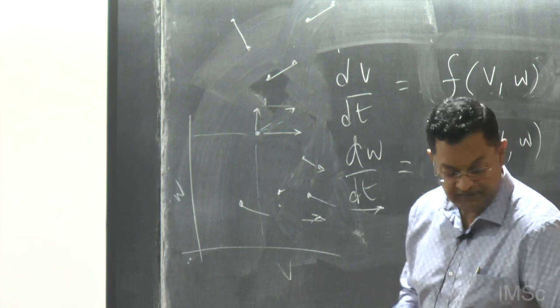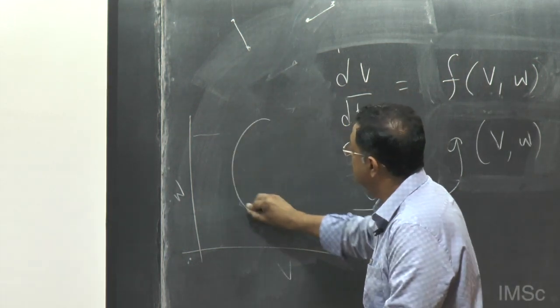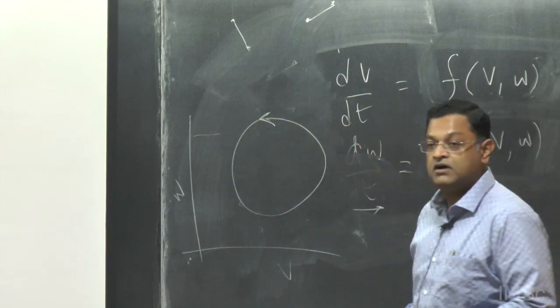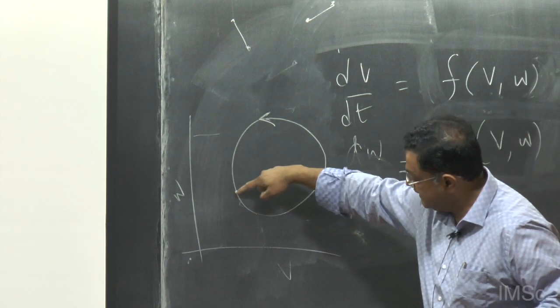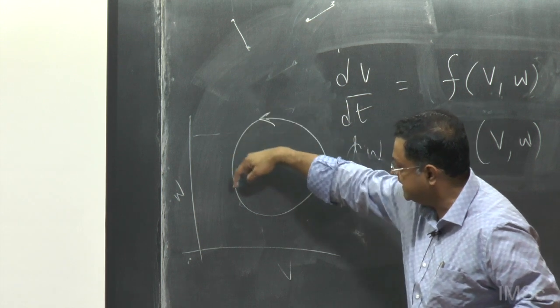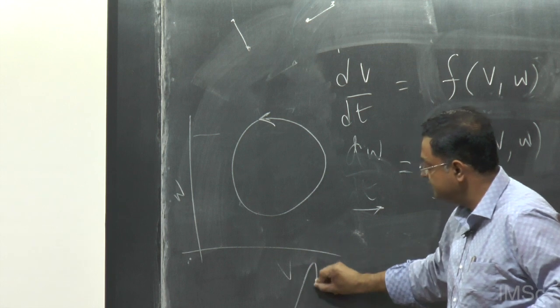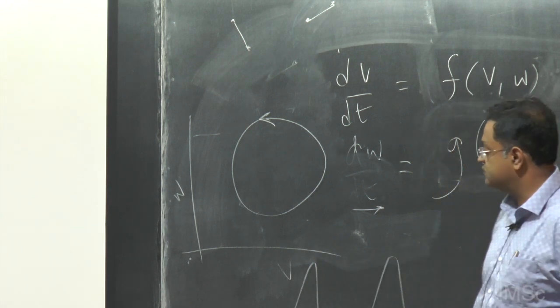Let's see why that might be. In the VW phase plane, if you had a closed curve and you're moving in this direction, voltage would increase, then decrease, then increase again, then decrease again. So you are getting increasing voltage, decreasing voltage, and so on, in time.